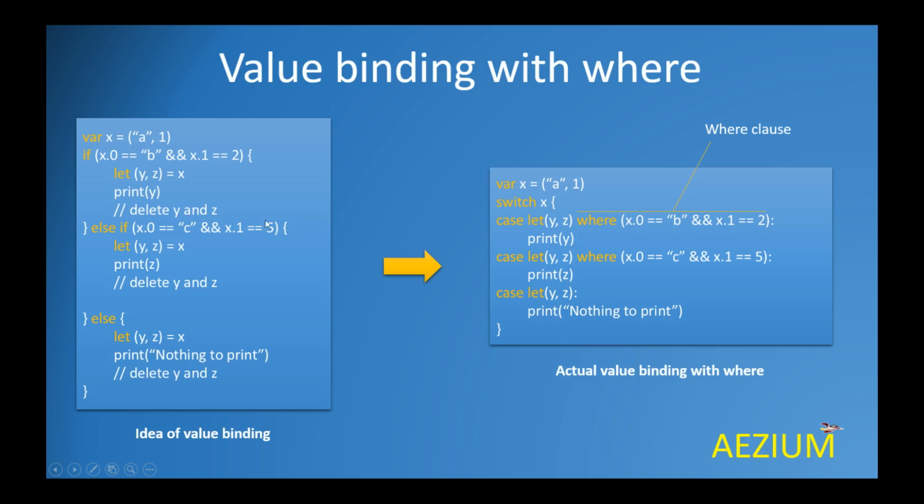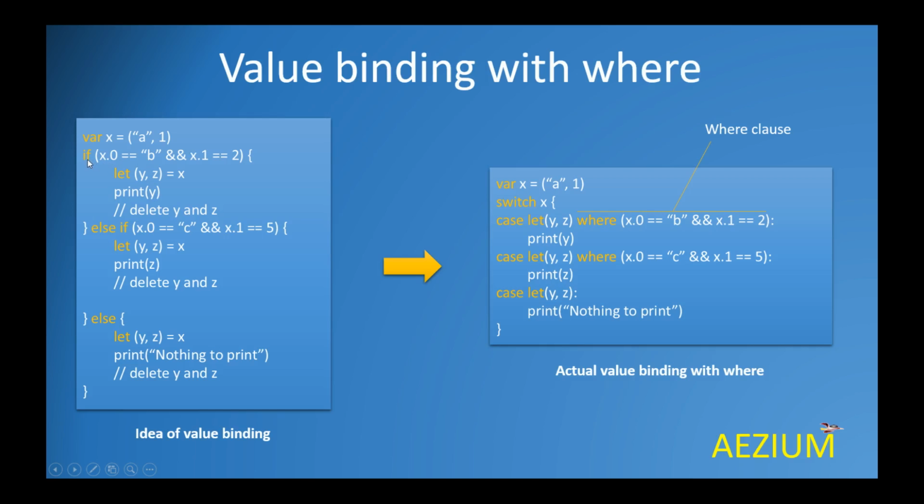If you compare this with the idea of binding, you can see how they relate. So here we are saying if this is true, then do the declaration and assignment like so, and then use it within the case body.